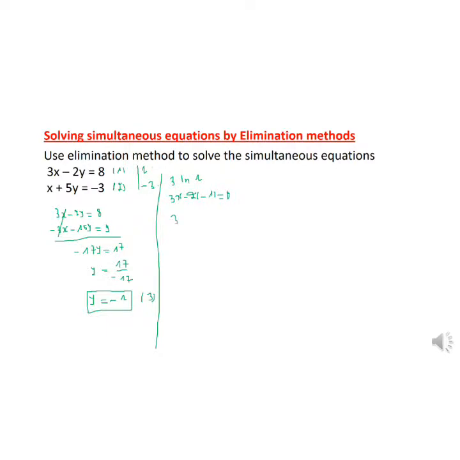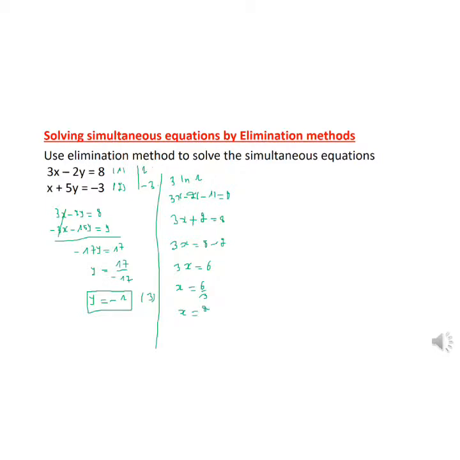So now 3x minus 2 times minus 1, we get plus 2, is equal to 8. Collecting like terms, 3x is equal to 8 minus 2, so 3x is equal to 6. Now x becomes 6 over 3.